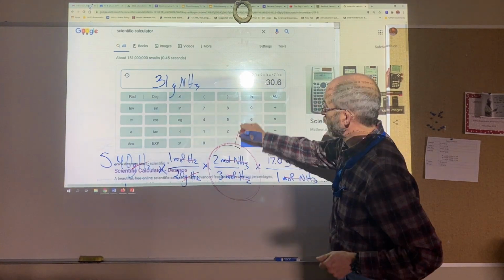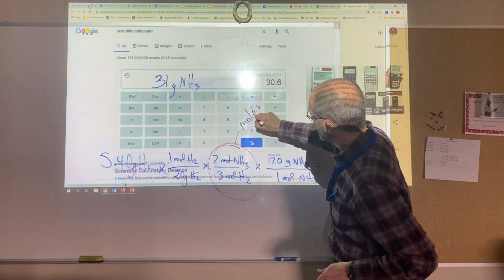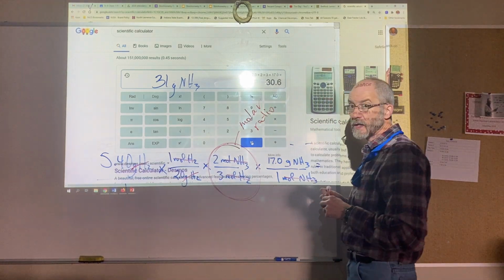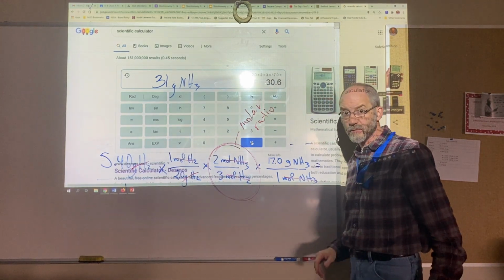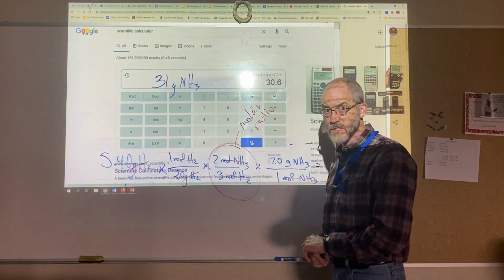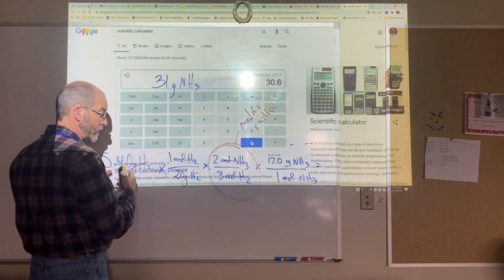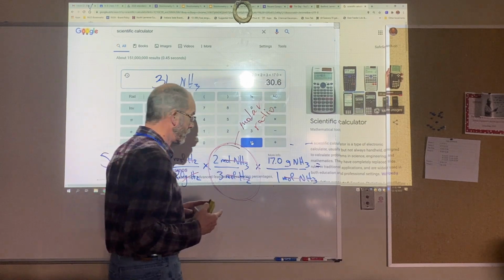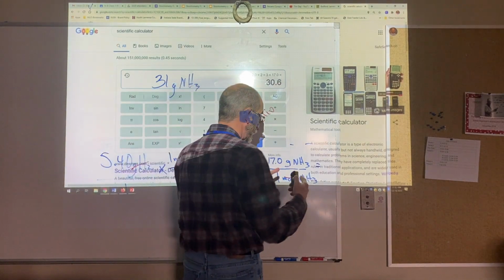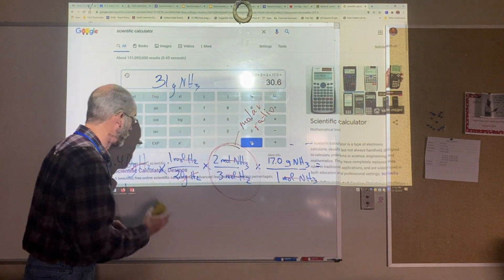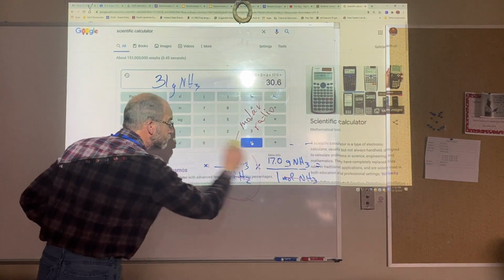You got this molar ratio from the chemical equation that you were given, provided it was balanced. Okay? So, given, moles of wanted, grams of wanted. Wow.